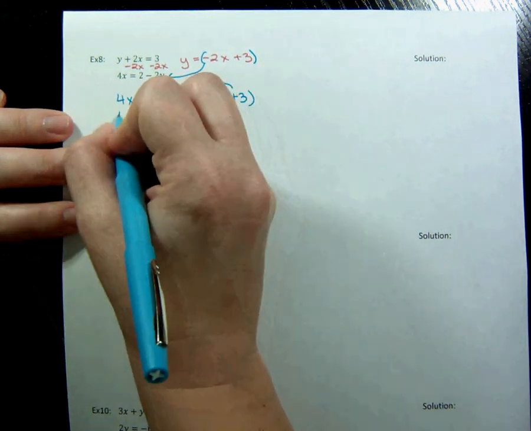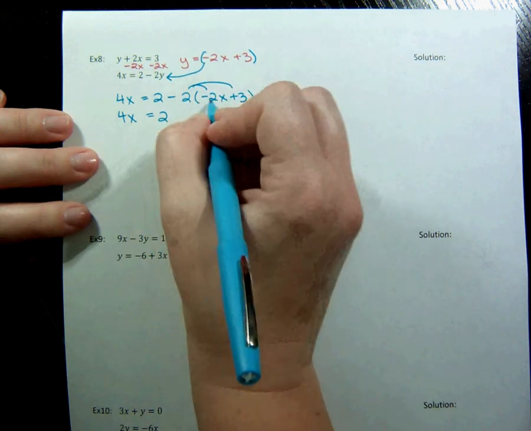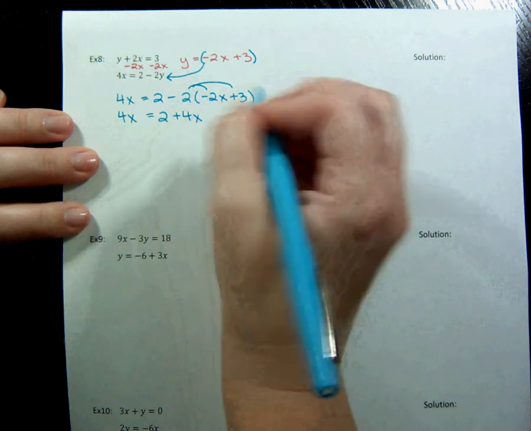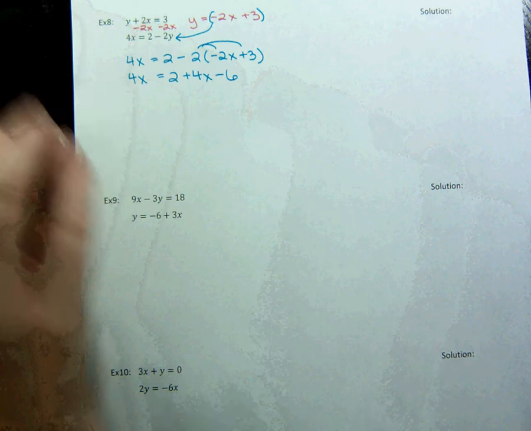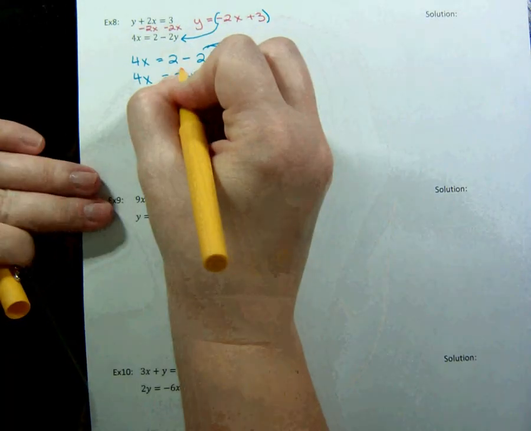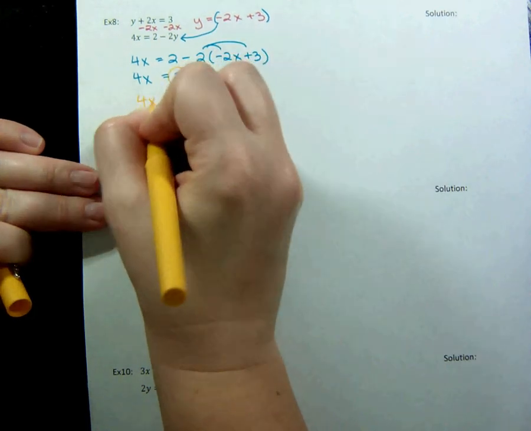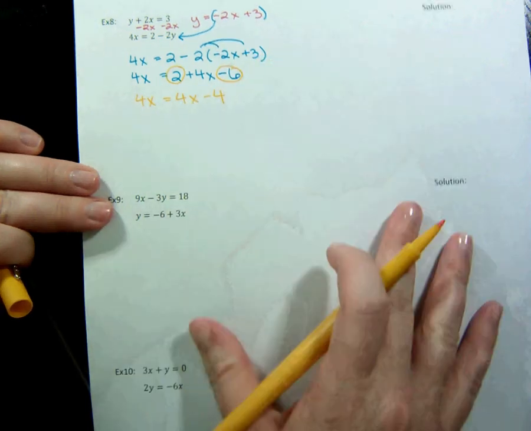Distributing, you get 4x equals 2, then you're going to have negative 2 times negative 2x, which is positive 4x, and negative 2 times positive 3, which is negative 6. If we combine like terms, we're going to put the positive 2 with the negative 6. We should get 4x equals 4x minus 4.